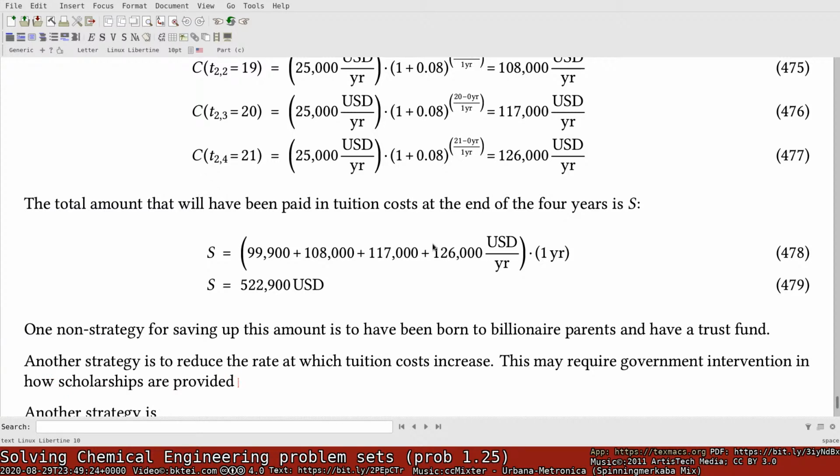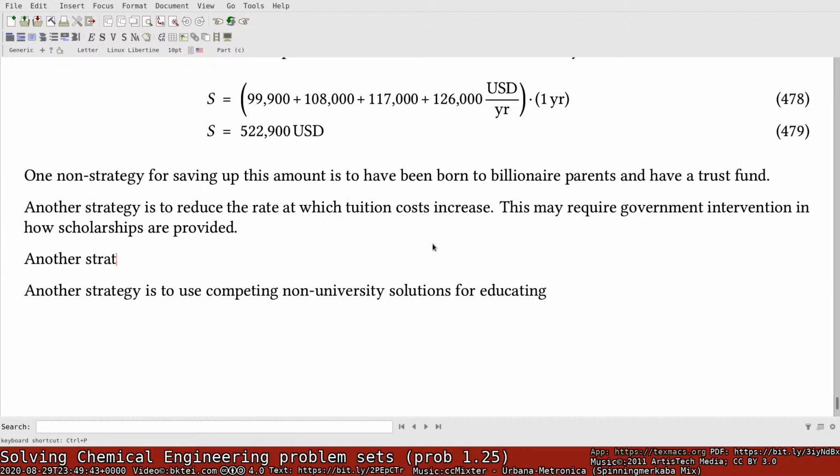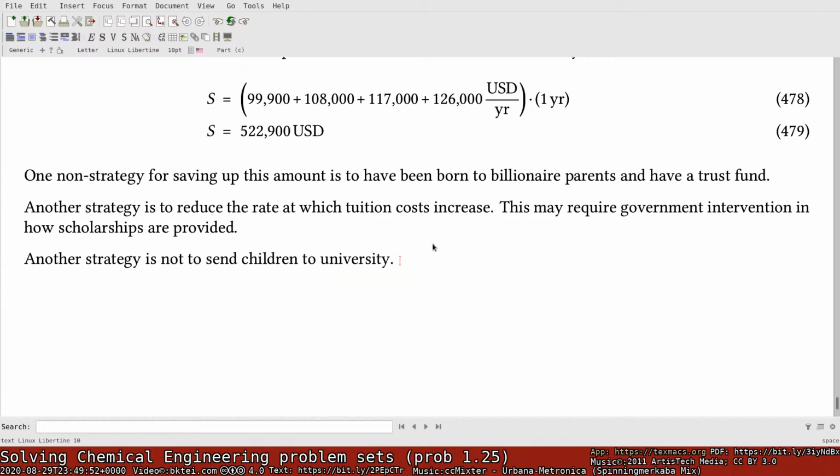Or another strategy is to use competing non-university solutions for educating. Another strategy is not to send children to university for their education.